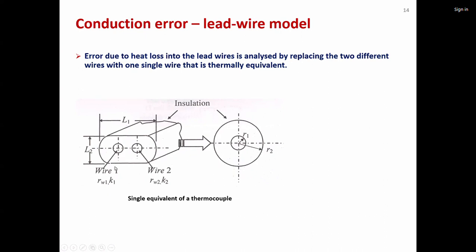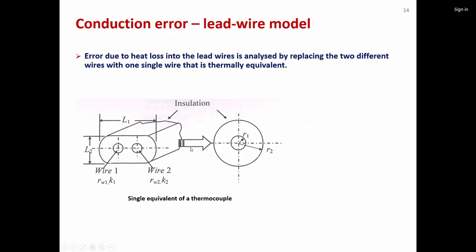Let's say the thermal conductivity of wire 1 is K1 and wire 2 is K2. Similarly, the radii are RW1 and RW2. And then typically these wires are encapsulated in a plastic. And let's say the dimensions of these are L1 and L2.